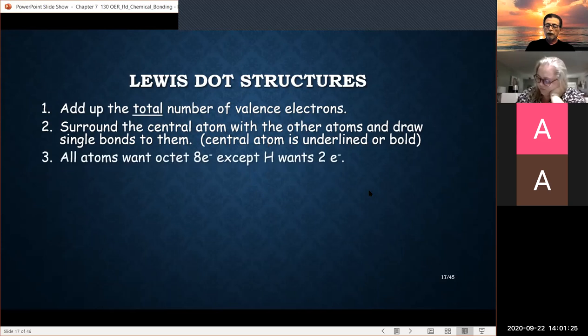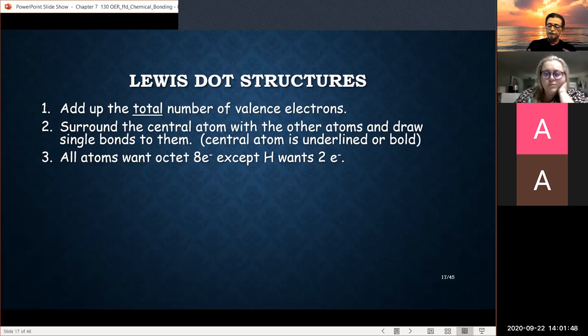And the thing to remember is the octet rule. When we add up all the valence electrons, that is the number you have to work with. You can't arbitrarily take valence electrons out or add them in. If you have 8 valence electrons, that's what you work with.